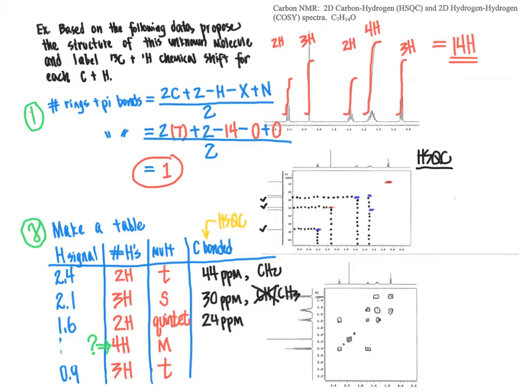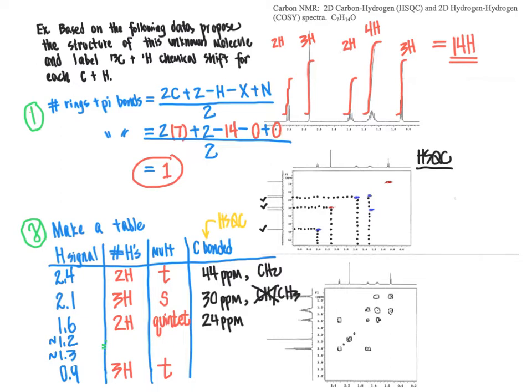So rather than this being a signal at 1.3 that integrates to 4 hydrogens being bonded to that 1 carbon, which was not really possible, instead, what we can do is fill this in as 2 separate protons. I'm going to put that one at circa 1.2 and the other one at approximately 1.3.